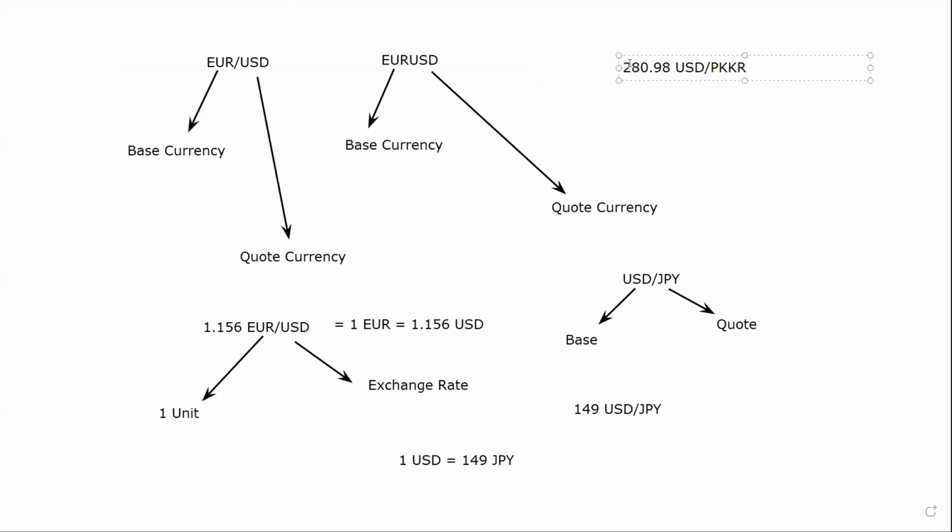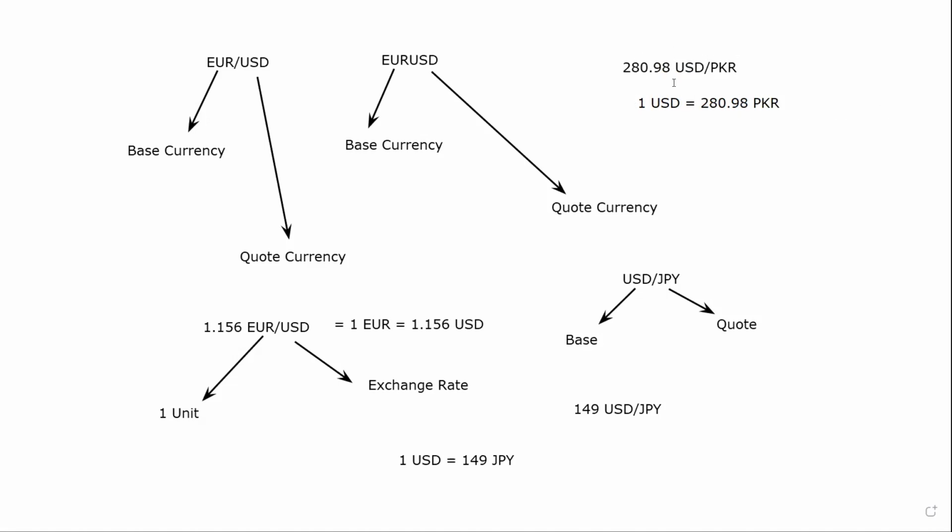This is an exchange rate of US dollar and PKR. So what does this mean? As I told you, the unit of the base currency, which is US dollar, is always 1, and the value of the PKR or the quote currency is the value of the exchange rate. This means that 1 US dollar is equal to 280.98 PKR.